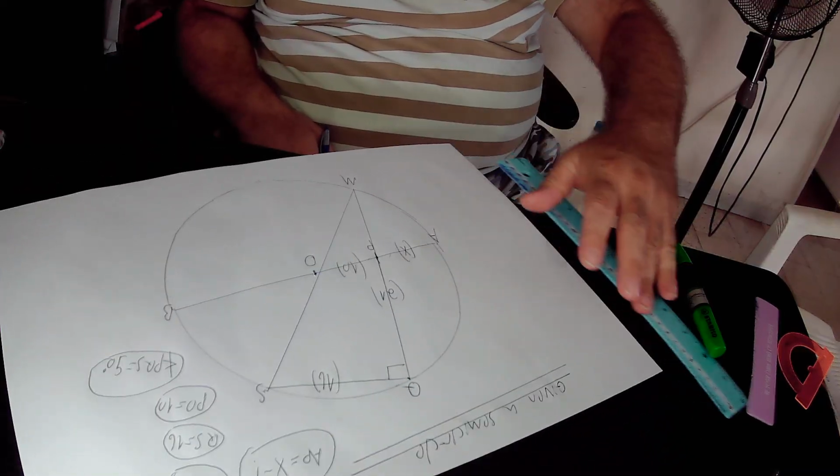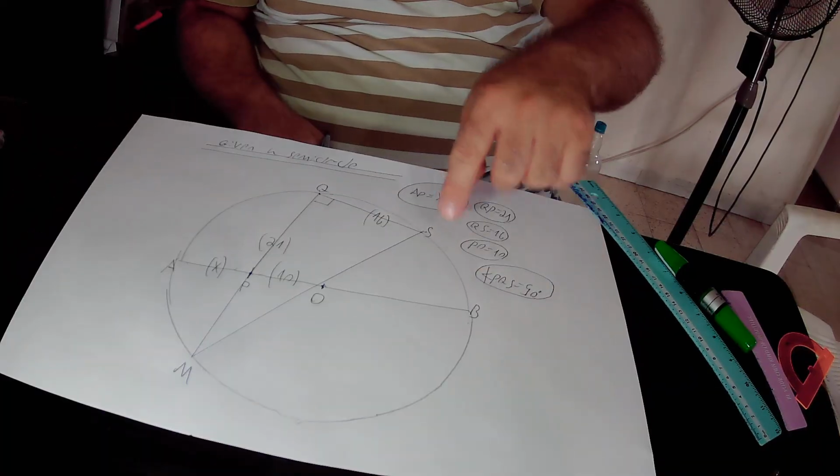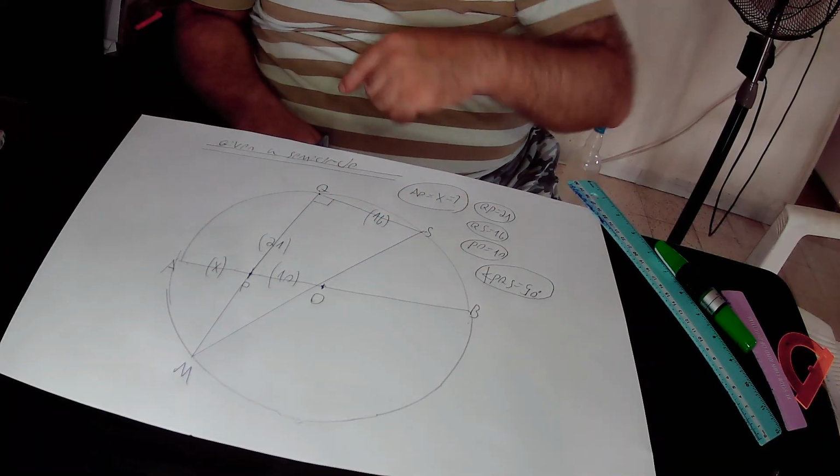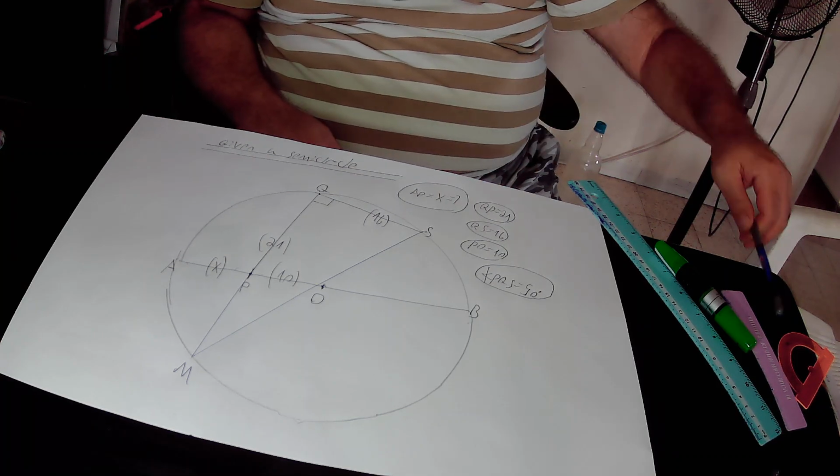This is peripheral angle SQM. Peripheral angle SQM is equal to 90 degrees in size.